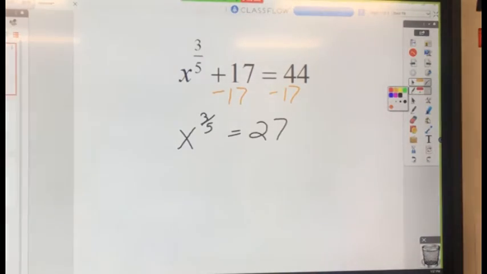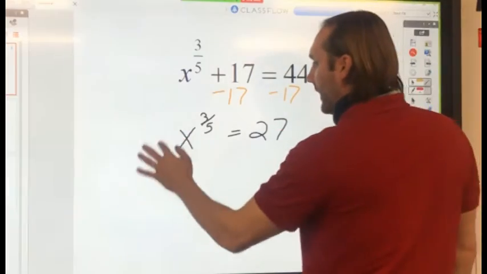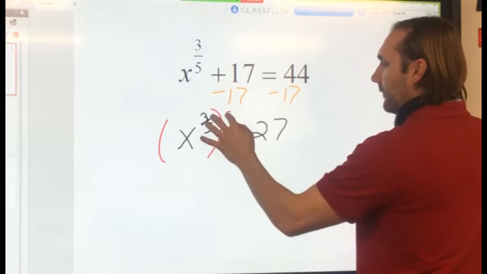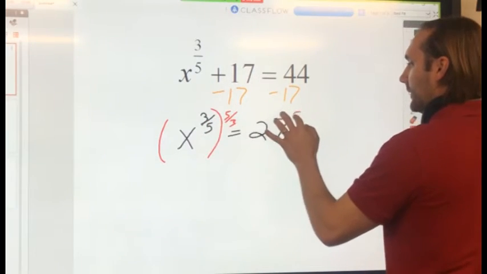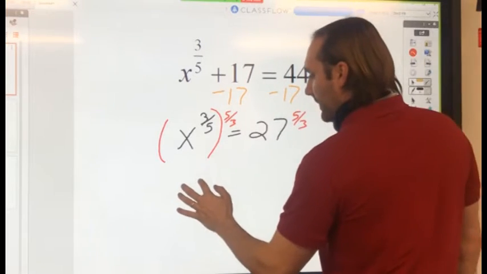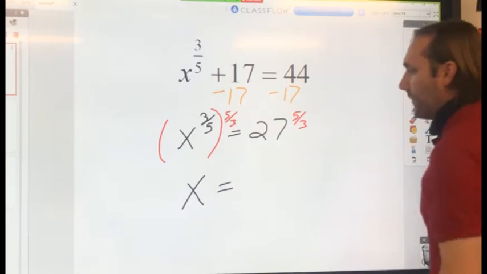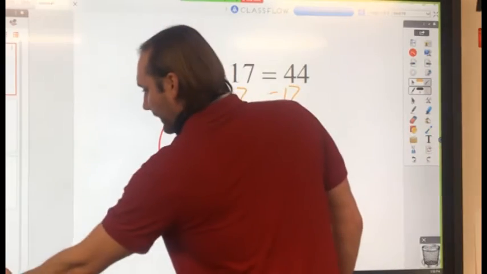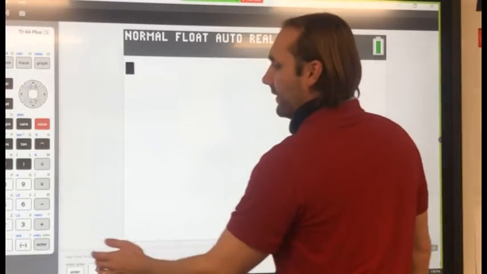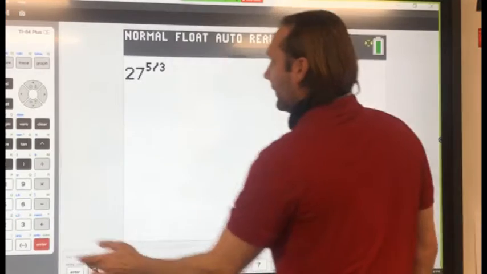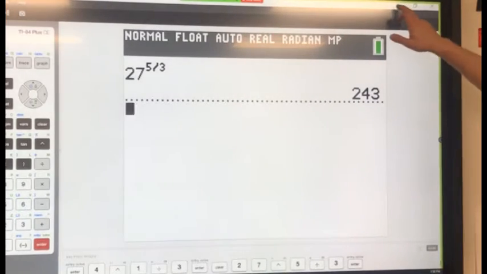I get x to the 3/5 power equals 27. Now, to get rid of that exponent, I'm raising it to the power of what? 5 over 3, its reciprocal. That just gives me x on the left, and on the right, I have 27 to the 5/3 power. Let's use our calculator to help us figure out that math. 27 raised to the 5/3 equals 243.